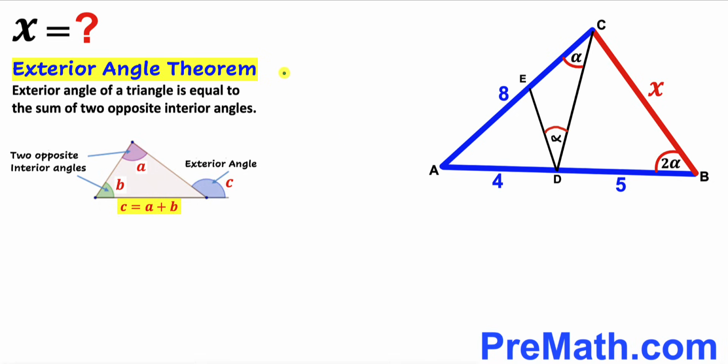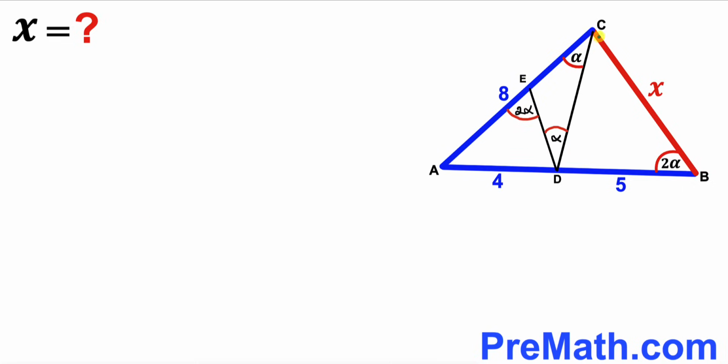And now we are going to apply this exterior angle theorem on our given problem. And here we can see this is our exterior angle, whereas these are our two opposite interior angles. So therefore this exterior angle has got to be the sum of these two opposite interior angles. That's going to be 2 times alpha. And now let's make an observation.